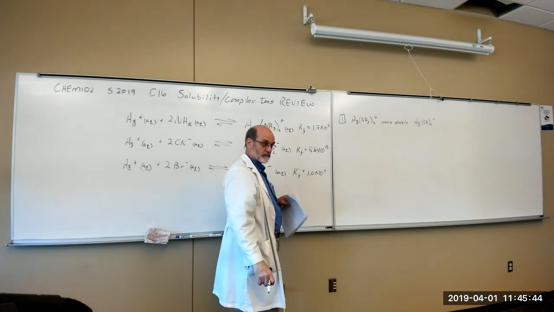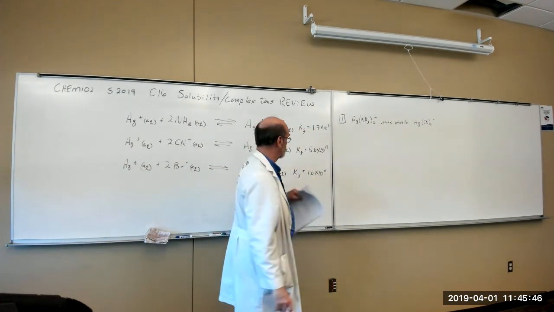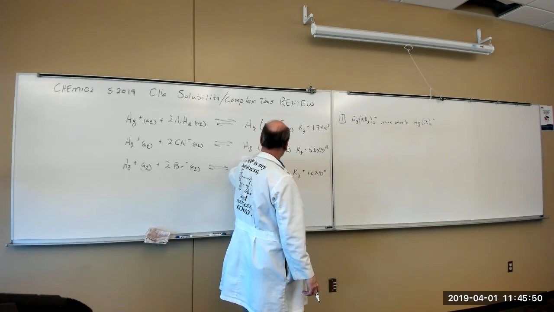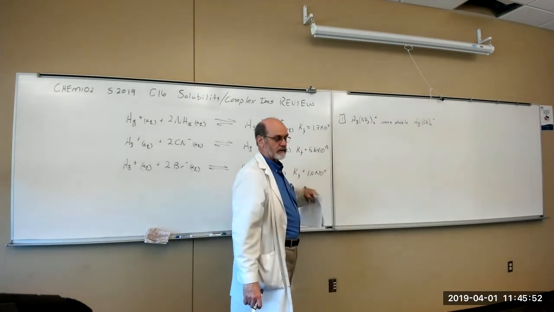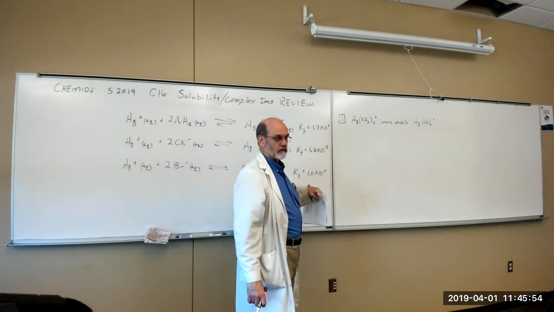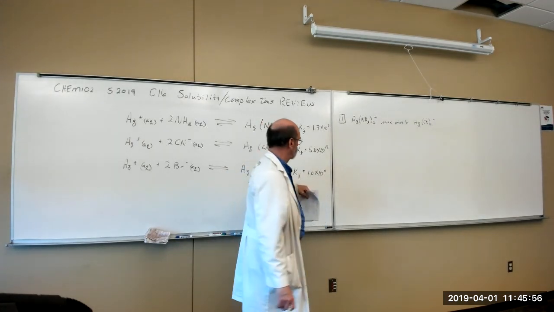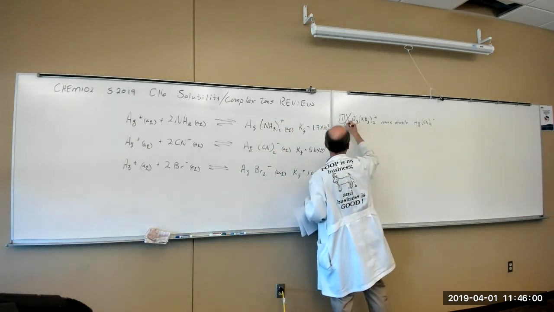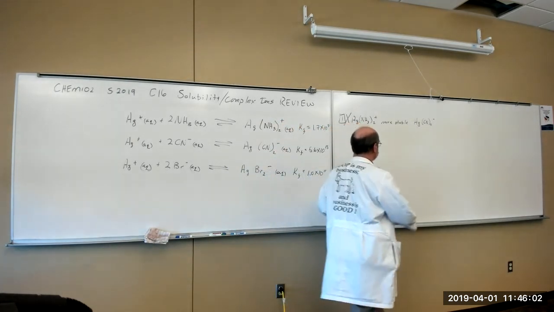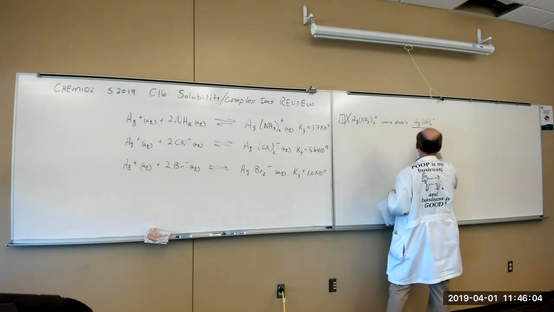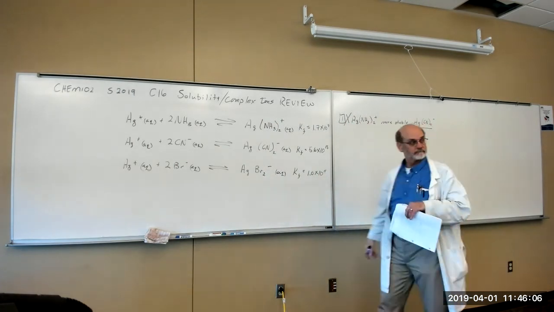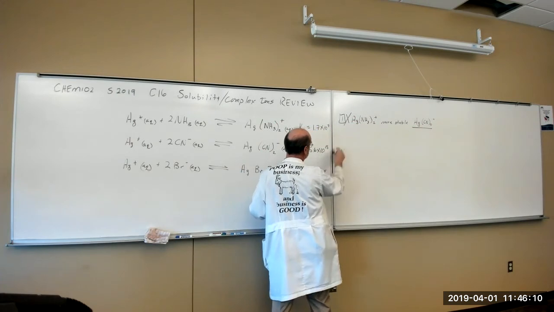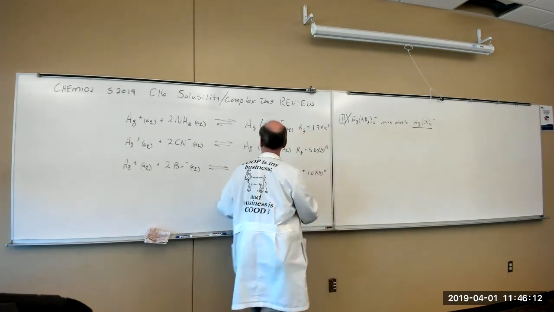The equilibrium constant, the KF for this, says that the greater drive is for dicyanosilver ion. So this one is false, because this one is more stable. 10 to the 18th is a bigger number than 10 to the 7th.